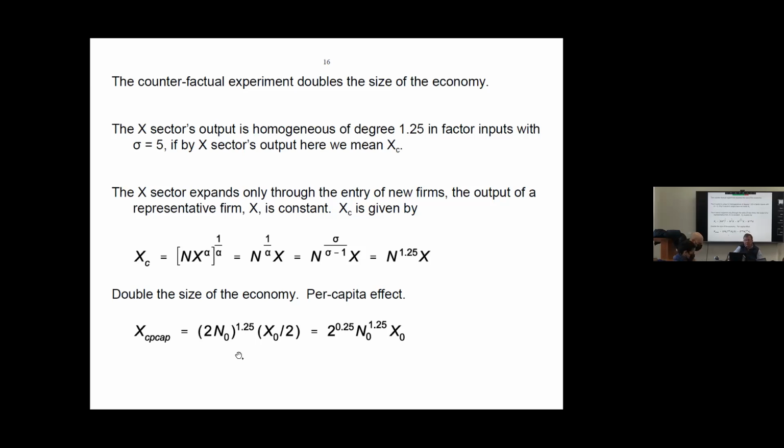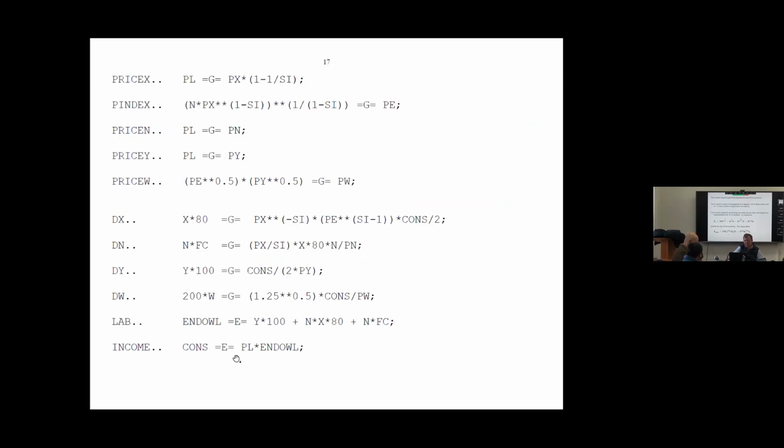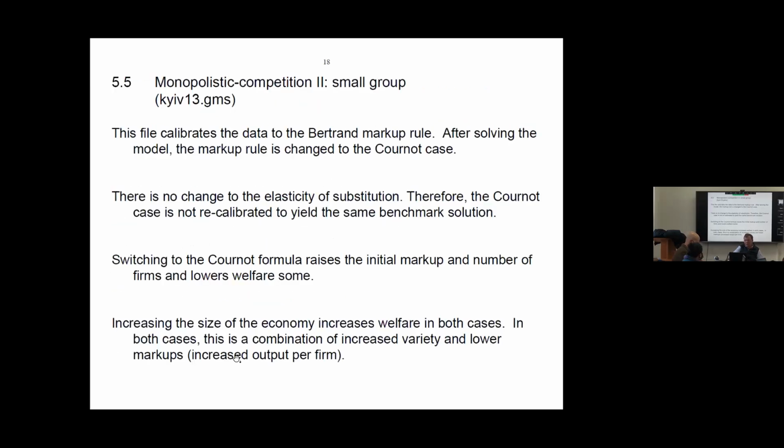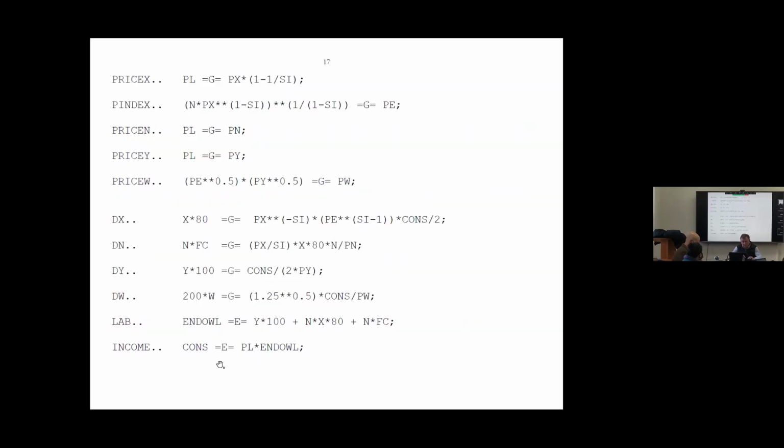This again seems a little redundant. Basically, again, if you double the size of the economy, per capita income rises. There's twice as many people, but sort of increasing returns to the number of rivals, if you want to put it that way. Okay, I think I'll go to the code.